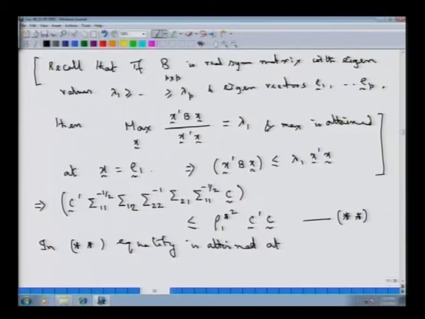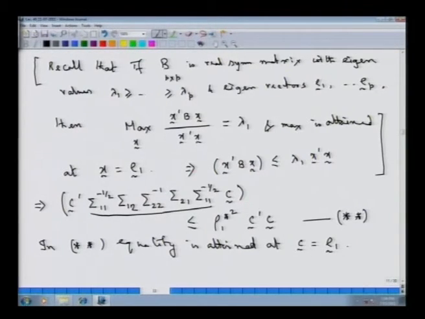We are looking at rho 1 star square as the largest eigenvalue of this particular matrix. We are going to say that this is less than or equal to rho 1 star square times C prime C, and equality of course will be attained, as in the previous general result, at the orthonormalized eigenvector corresponding to rho 1 star square. So, this equality will be attained at C equal to E1.